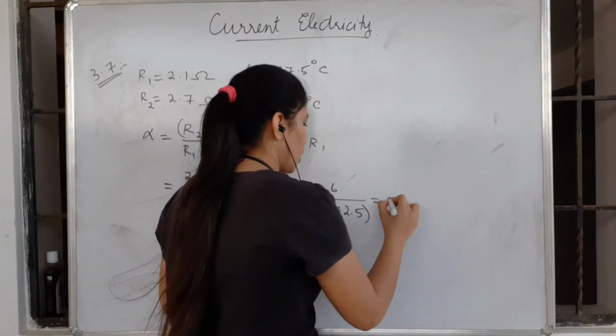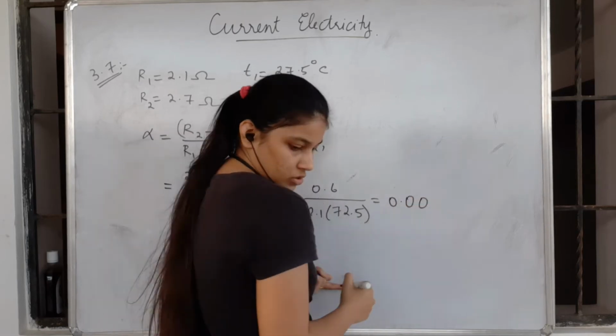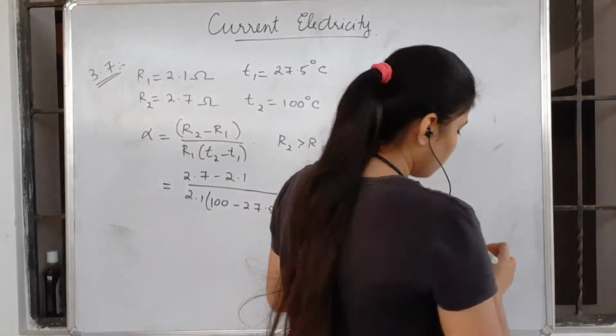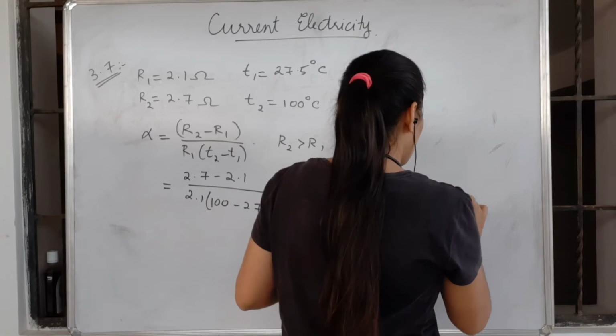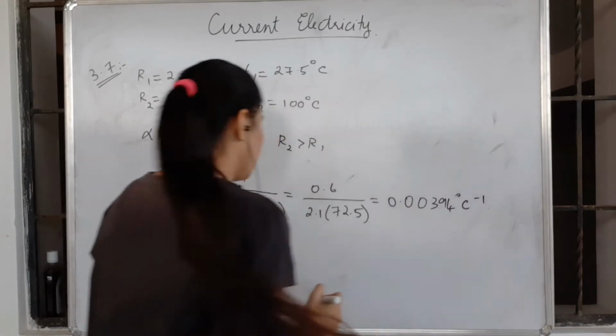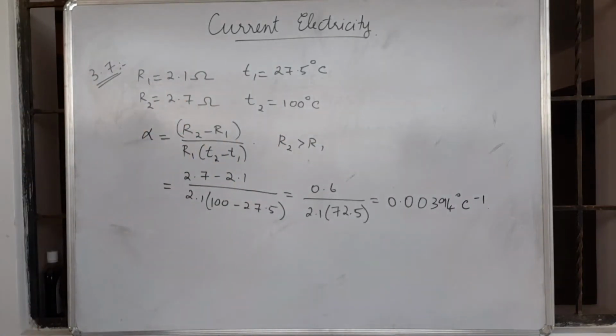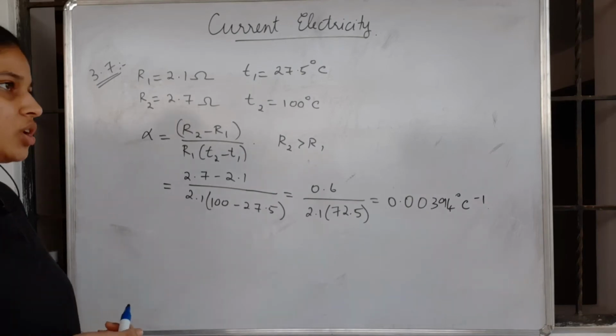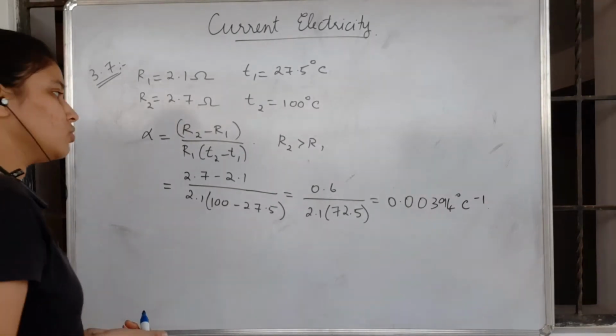Once you solve this, your answer is 0.00394. Now you can use your logbook to do this, because manual calculation is not possible. It will take much time, so definitely you have to use logbook.